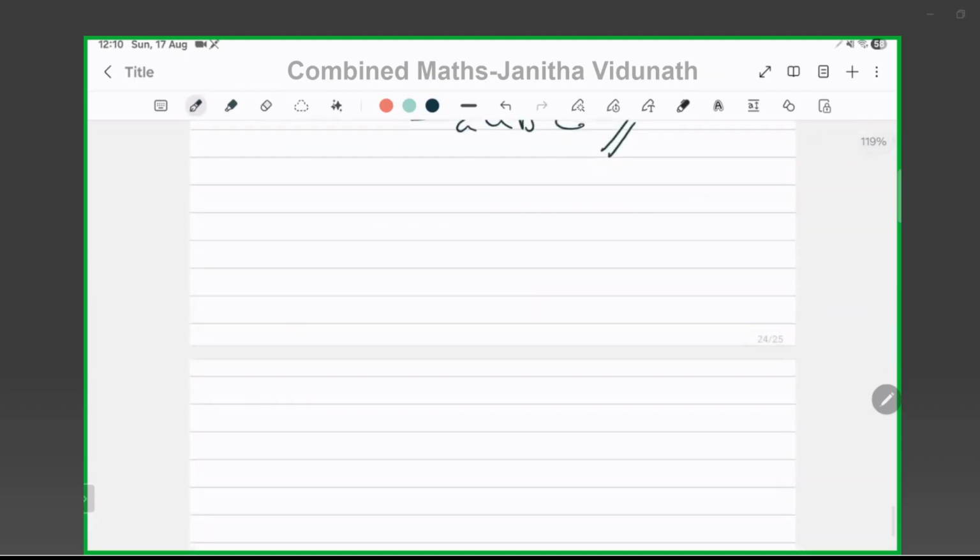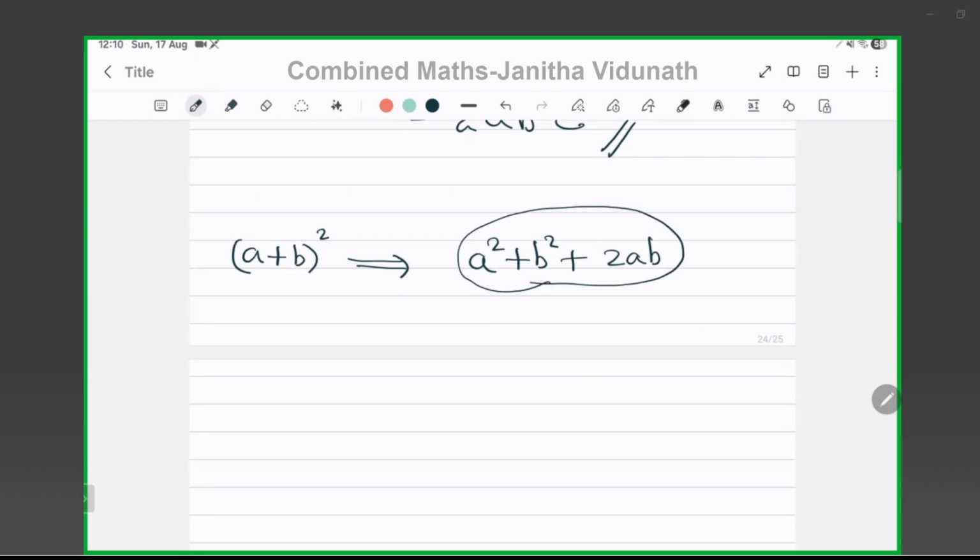Now in our previous day, if we give a plus b whole square, then we are able to write its expansion as this. Then we also try, if someone gives the expansion, to write back the a plus b whole square. Let me repeat again.